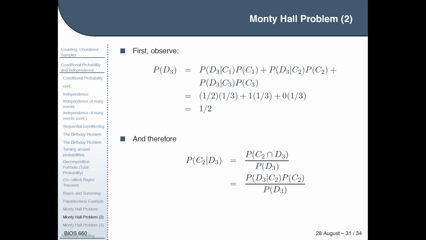That becomes the probability that he opens door 3 given that the car is behind door 2, times the probability the car is behind door 2, divided by the probability of door 3. Written out, that's 1 times 1/3 divided by 1/2, which is 2/3. In other words, if you switch doors, your probability of winning is twice as high as if you kept the original door, so you should switch doors every time you play this game.